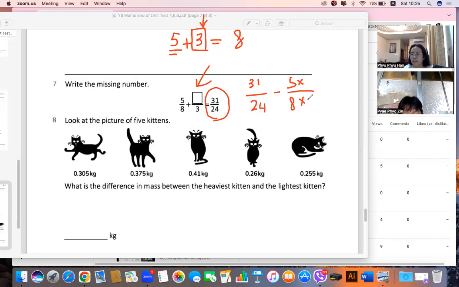So this 8, you need to make it into 24, right? So what do you get? 16. Okay, yeah, correct. So 16.